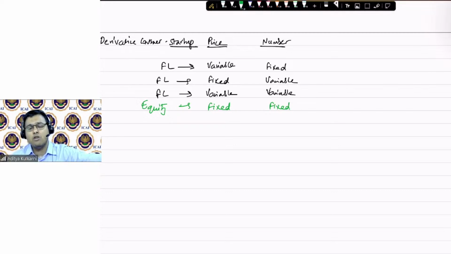Private equity wants to commit 5 crores. Now for that, I have to issue shares depending on a variable price, or issue shares depending on a fixed price, or issue shares depending on variable price and number, whatever be the scenario at the time of settlement. So therefore, in all the 3 cases, the risk is on me.